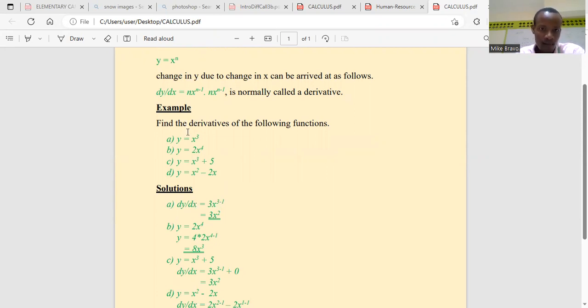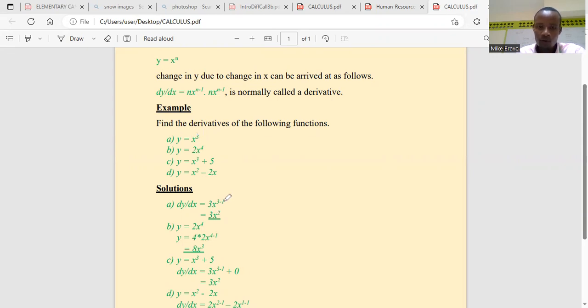So for function a, which is y equals x cubed, dy dx equals 3x. Now 3 is this 3 here, this index. We bring it down here: 3x power 3 minus 1.